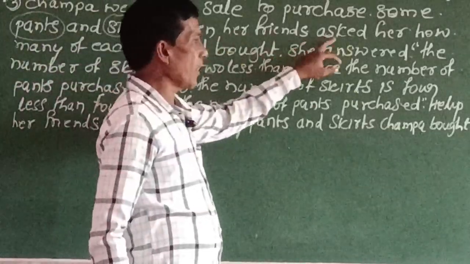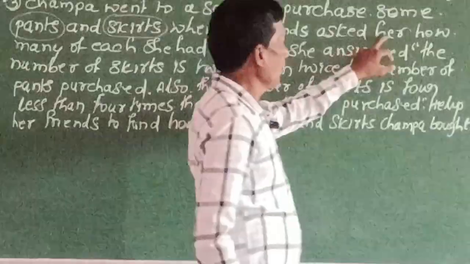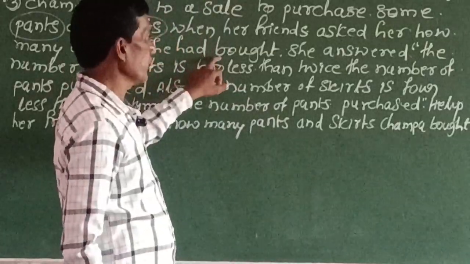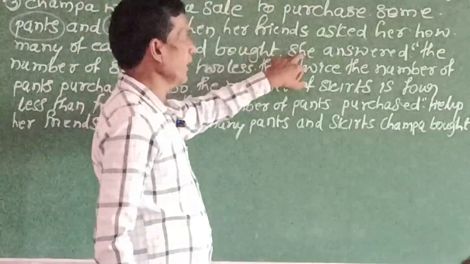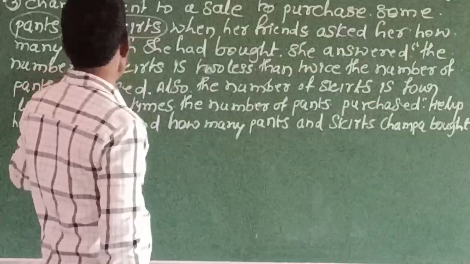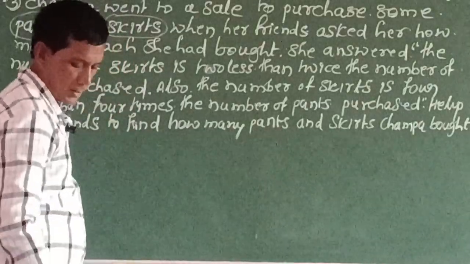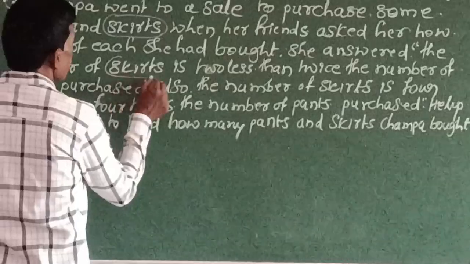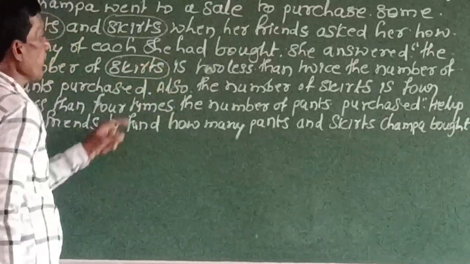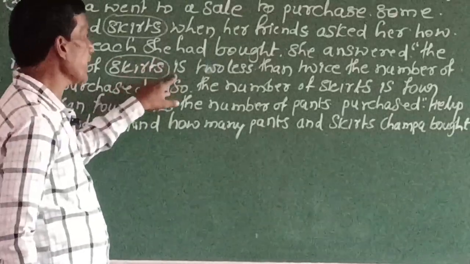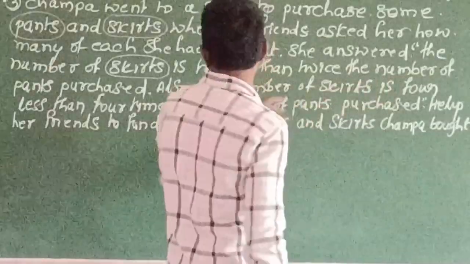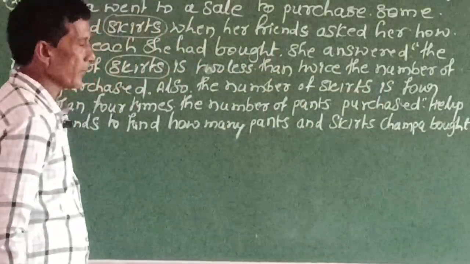When her friends asked her how many of each she had bought, she answered that the number of skirts purchased is 2 less than twice the number of pants.